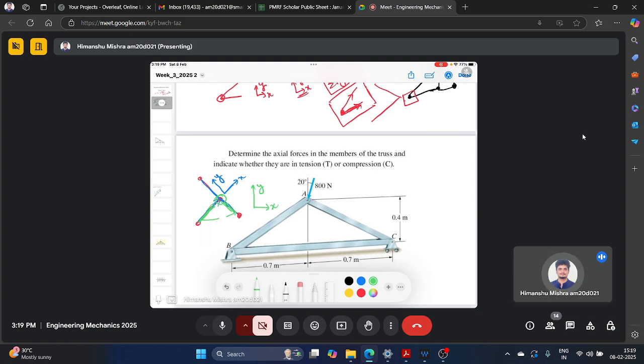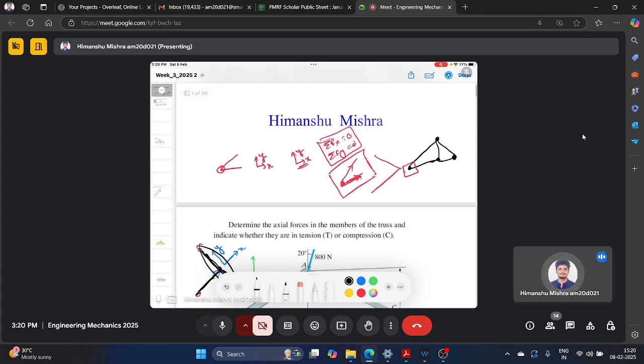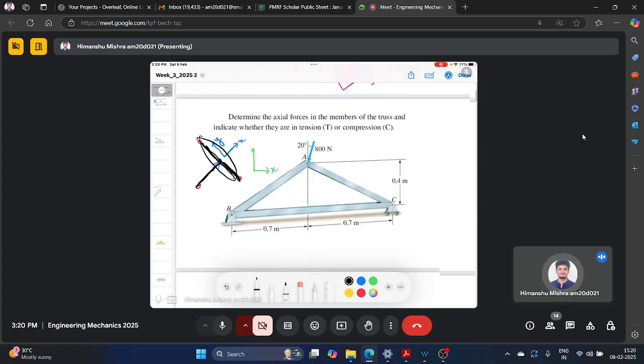So just to simplify the problem, you can adapt this coordinate system, and when you do that, you don't need to take any component because this force is in the x direction, and the forces in this member are in the y direction, so you don't need to consider any component. So mathematically it will simplify your problem, so that we can do in every joint. The remaining procedure will be similar, and it is an extension from the equilibrium problems.